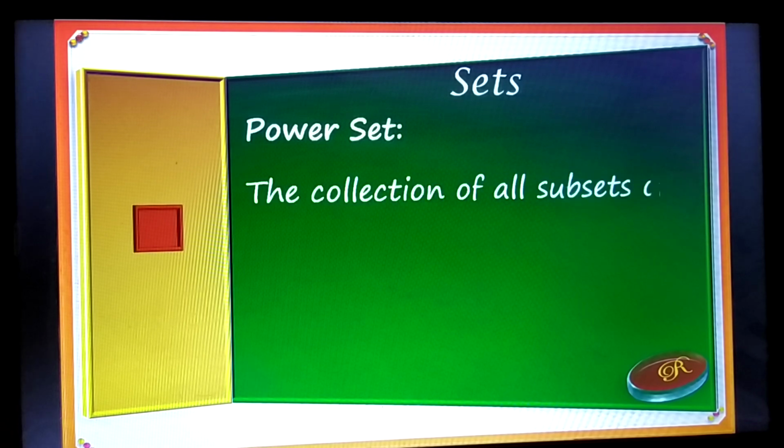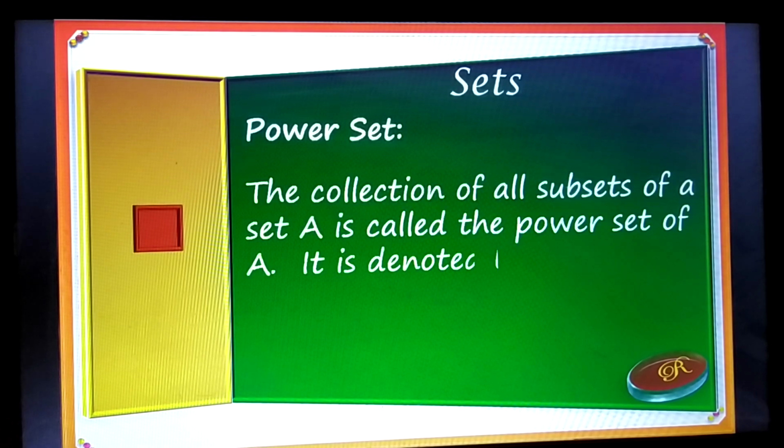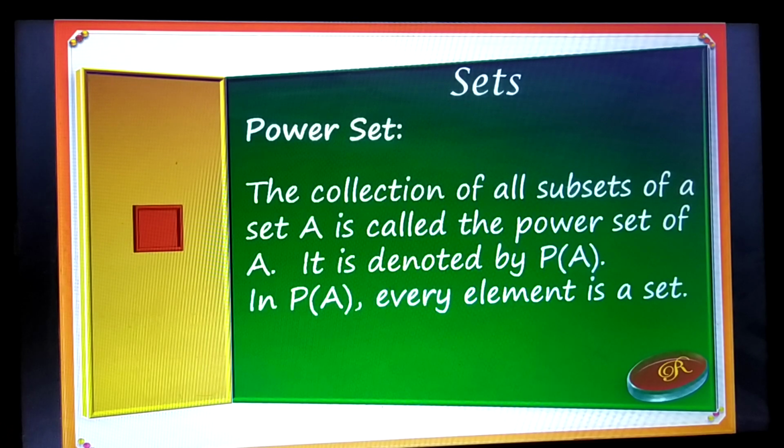Power set. The collection of all subsets of a set A is called the power set of A. It is denoted by P of A. In P of A, every element is a set.